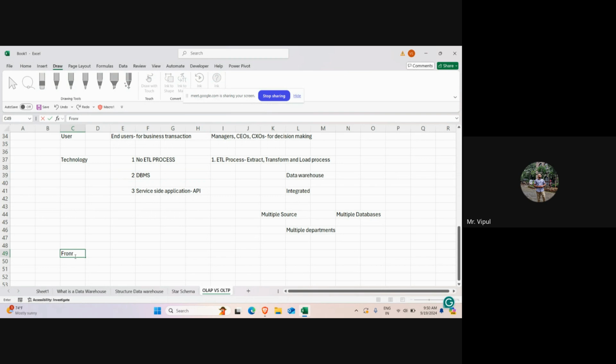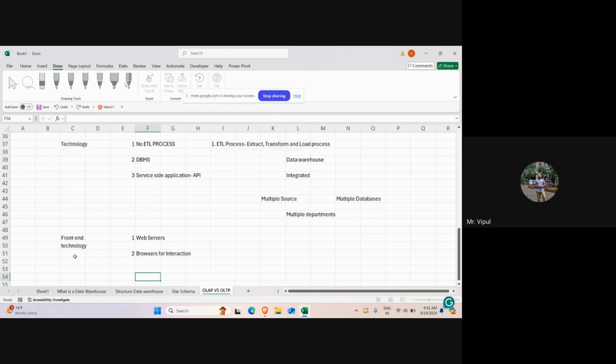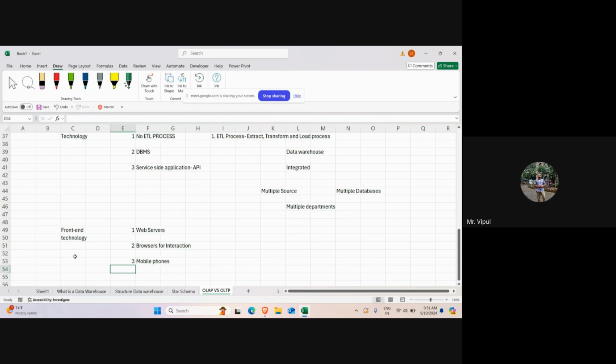On the front end technology side, we can add this point that it has web servers. Second is it has browsers for interaction. Third is it has mobile phones. And last but not the least is interface with payment gateways and payment systems.